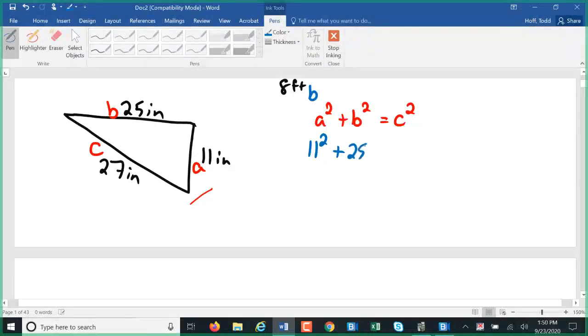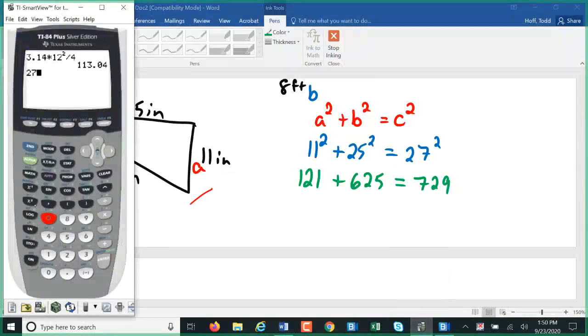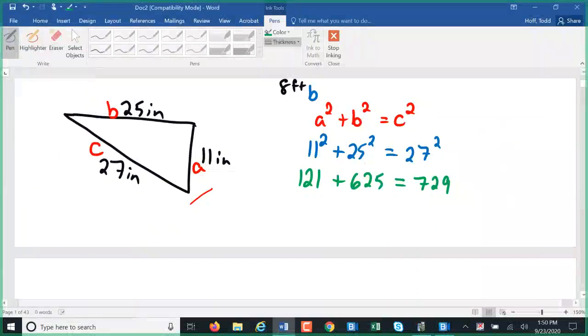B would be the 25, that's 25 squared, equals C will be 27, so that's 27 squared. 11 squared is 121. 25 squared is 625. 27 squared, what is that? 729, I believe. Yeah, 27 squared is 729.